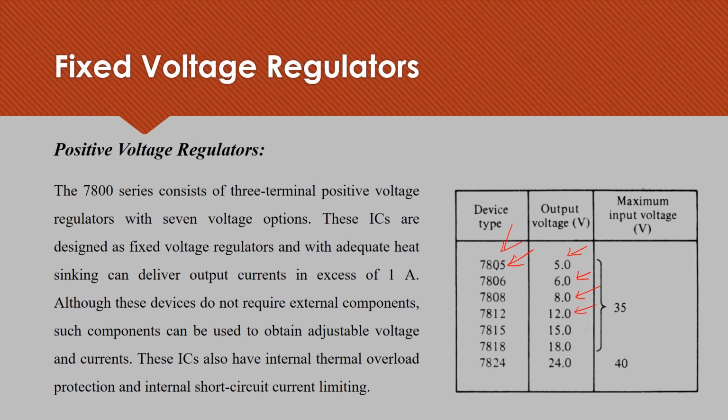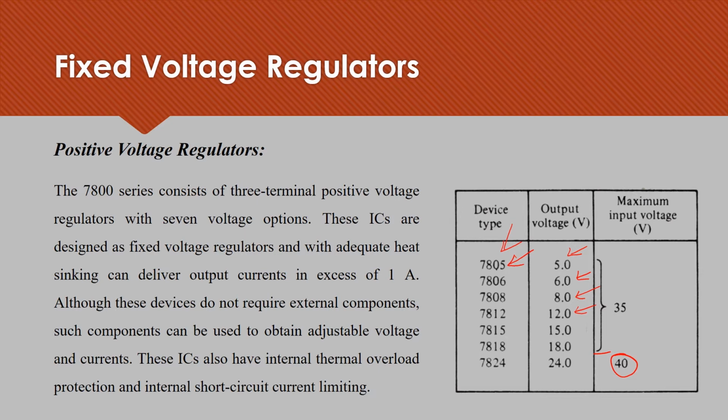The maximum input voltage up to 7818 is 35 volts, and the 7824 can be given a maximum input voltage of 40 volt.